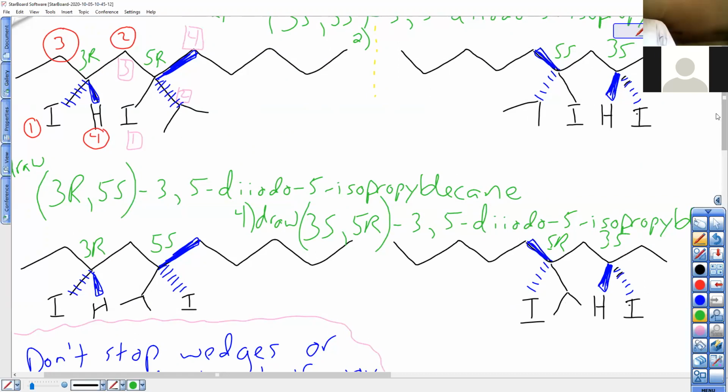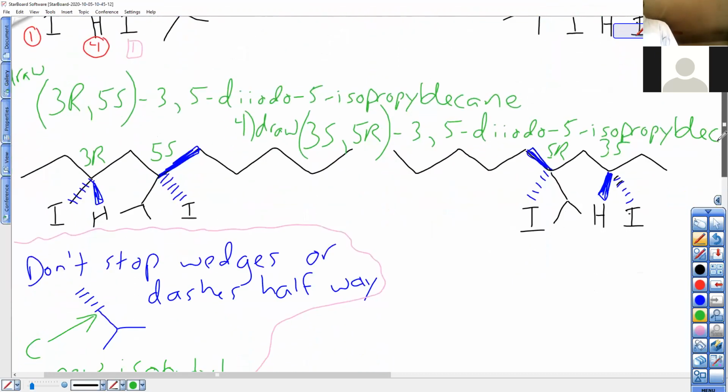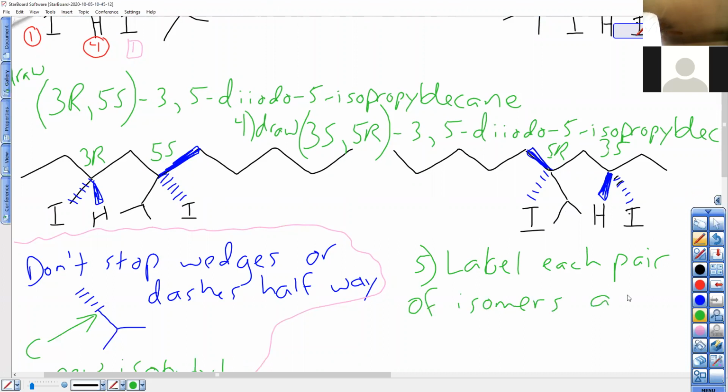And then part 5. Some of you saw these as you were skipping these questions on old exams. Label each pair of isomers. Each pair, we're going to get a new word very soon too, of isomers as enantiomers.